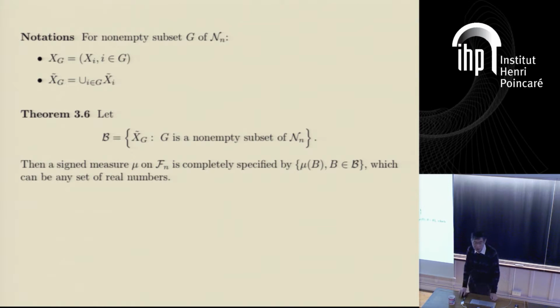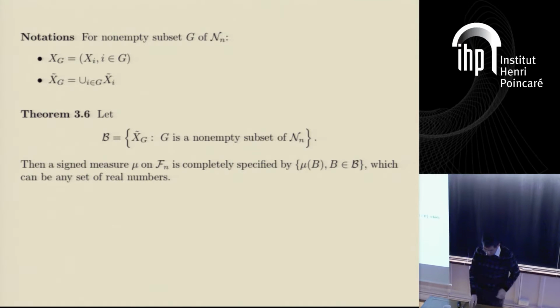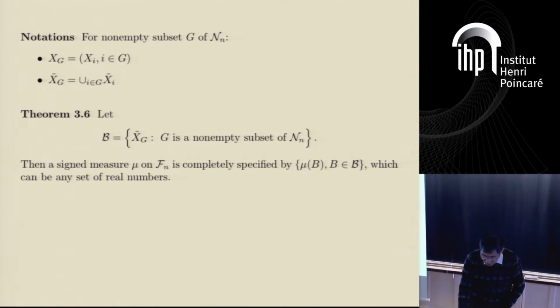Previously we said that to specify a signed measure on Fn, you can specify the values of mu on the atoms. And here we say that you can specify mu star by specifying the values of mu on the unions. This is what this theorem is about.